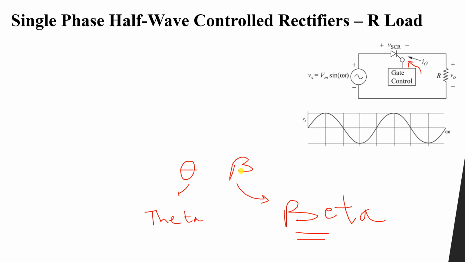In the Greek alphabet, this letter is called vita. When we pronounce it in the British accent, it will be beta. So sometimes you will see theta and beta. In the American accent, these two symbols are pronounced differently. So if you hear these different pronunciations, you now understand these are the same two symbols, because they are pronounced differently in American and British accents. This is what I would like to say.